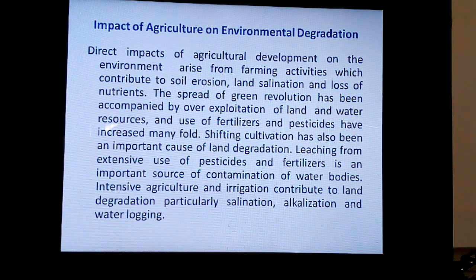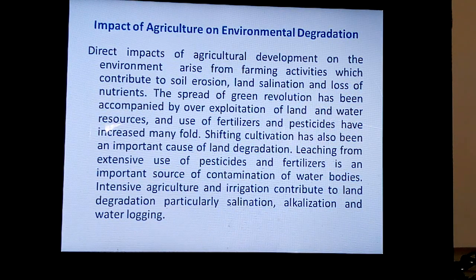Land salination means land becomes more saline and it becomes useless. And loss of nutrients: if the same crops are grown repeatedly, the nutrients will be lost.